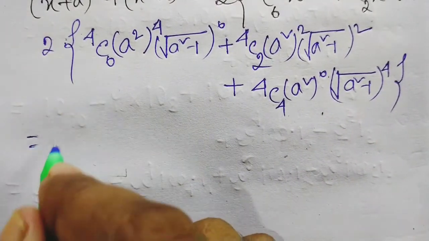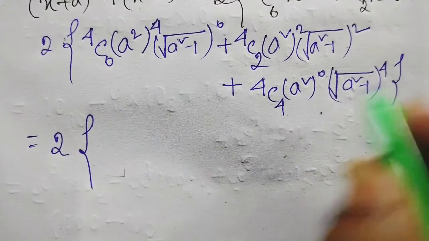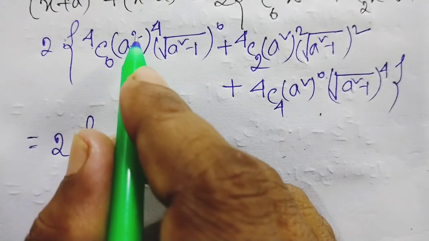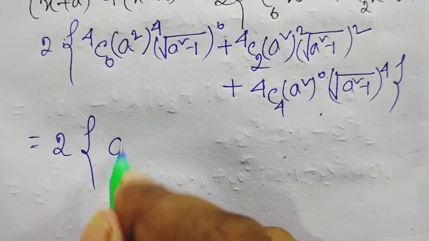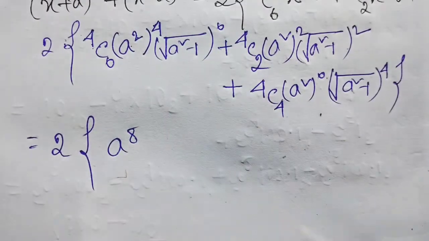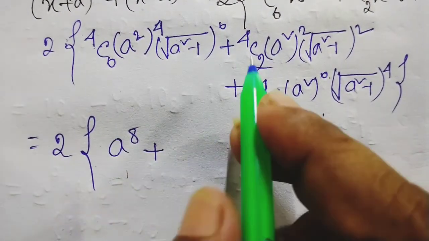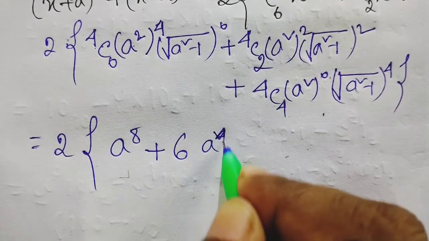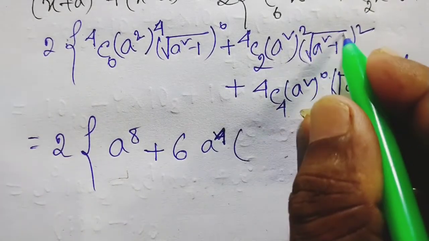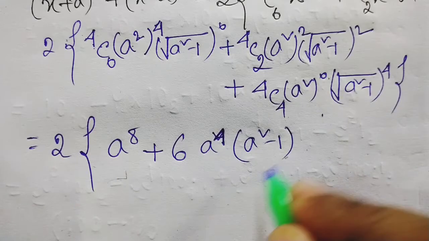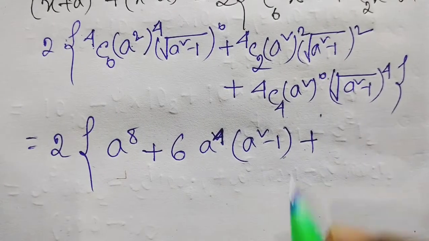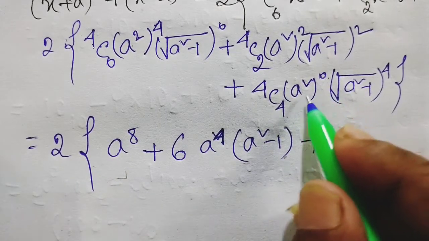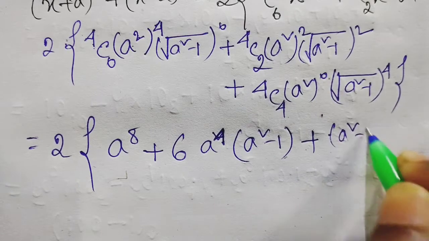So here 2 into 4c0, which means 1, and (a square) to the power 4 is a to the power 8, and the other factor to the power 0 means 1, plus 4c2, which means 6, (a square) whole square, that means a to the power 4 here, and the under root whole square, that means a square minus 1, plus here 4c4, that means 1, and (a square) to the power 0 means 1, and here (a square minus 1) whole square.